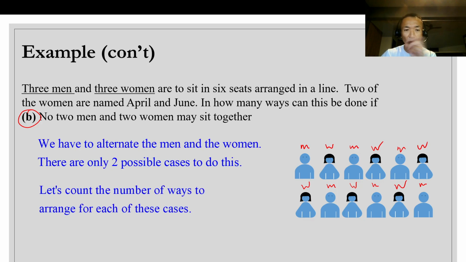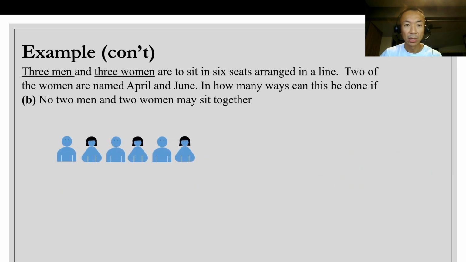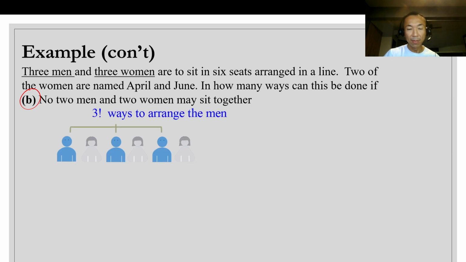So let's count the number of ways for each case. Still at B, let's count. If there are 3 slots, man, woman, man, woman, man, woman, for the 3 men, how many ways can we arrange them? It must be 3 factorial ways. We've learned it earlier: 3 times 2 times 1.